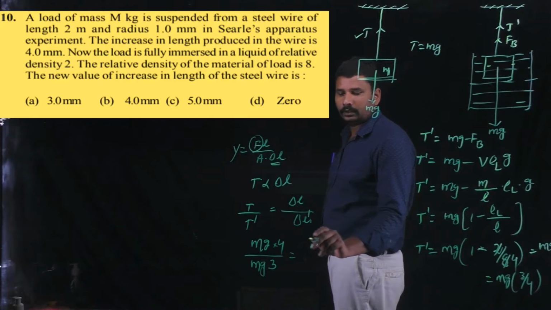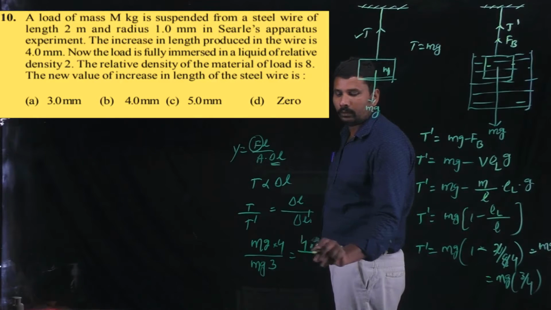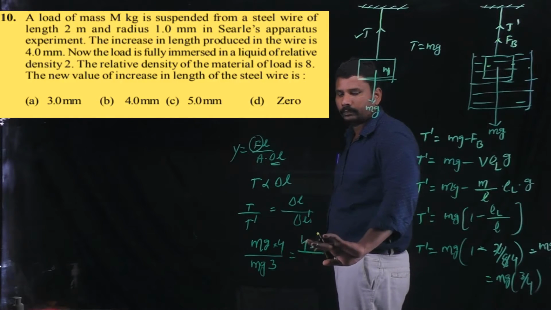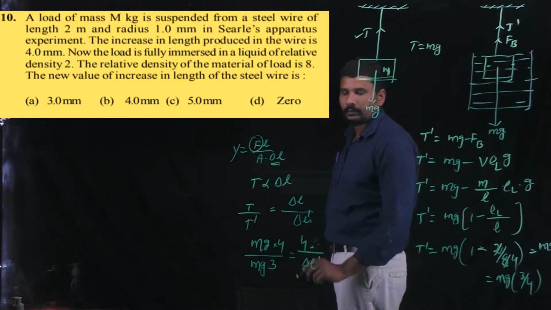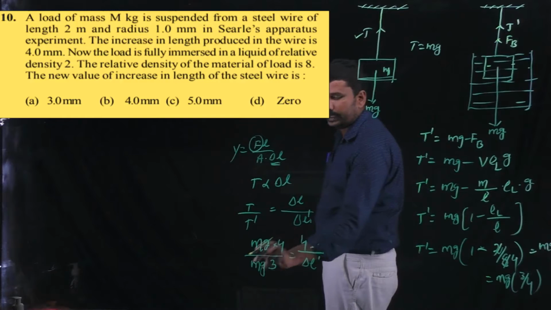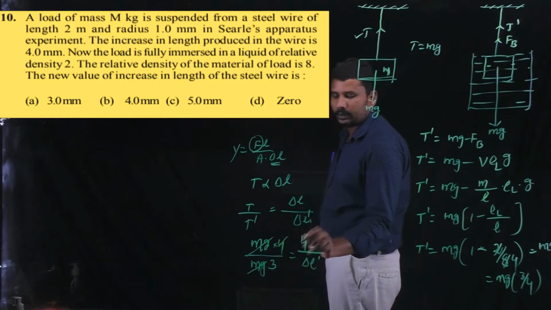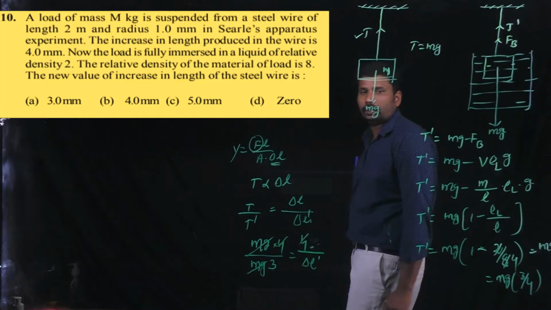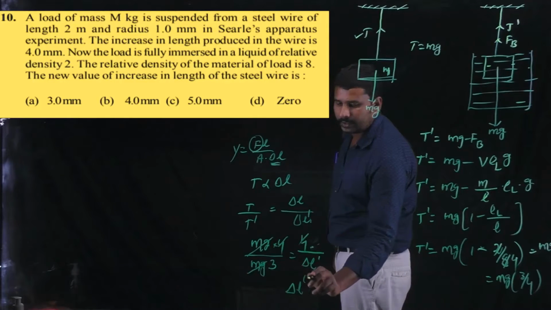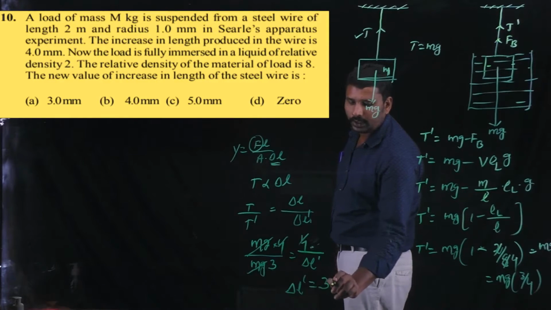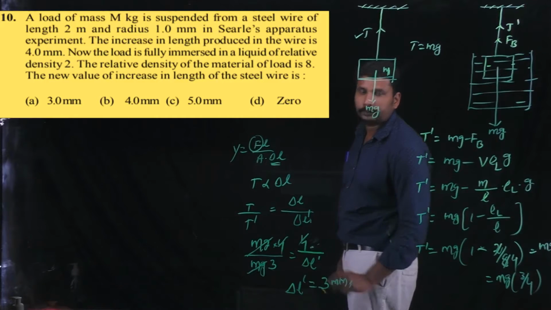So it is 4 by delta L dash. By cancelling the common terms, 1 by 3 equals 1 by delta L dash. It is nothing but delta L dash equals 3 millimeters.